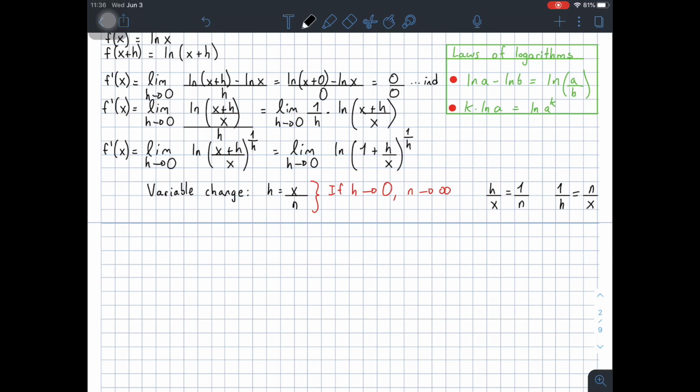If I flip this and write 1 over h, this is n divided by x. It's a way of reorganizing this.